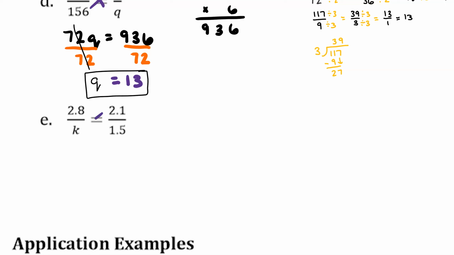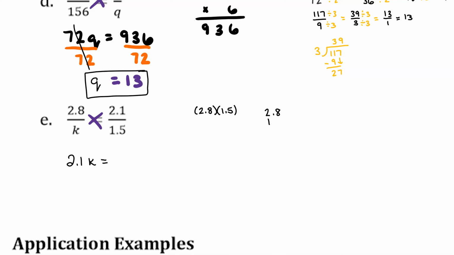So when we cross multiply, we'll have 2.1 K equals, and I have to do the math of 2.8 times 1.5, which again is not something I can do in my head, so I'm going to write it out.